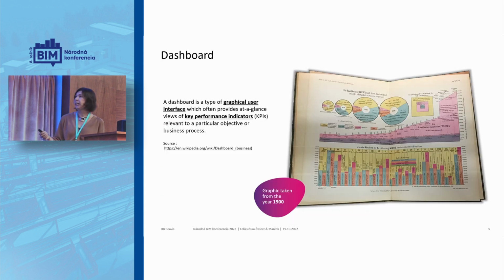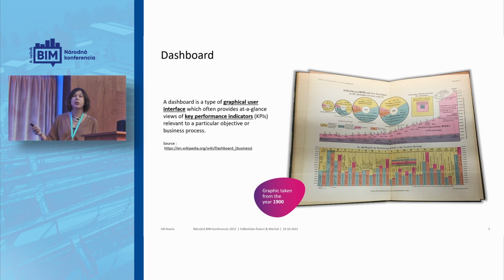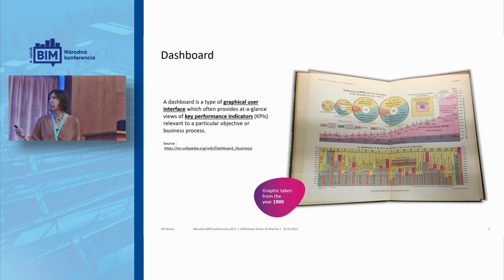And of course, the idea of visualizing data to see the change is nothing new. What you can see on this slide is a photo that I took in Vienna's museum. It shows the population growth of Viennese residents throughout the 19th century.